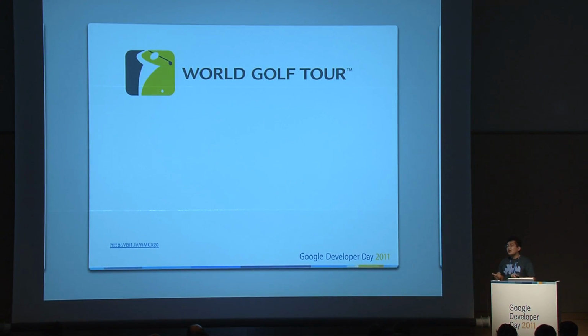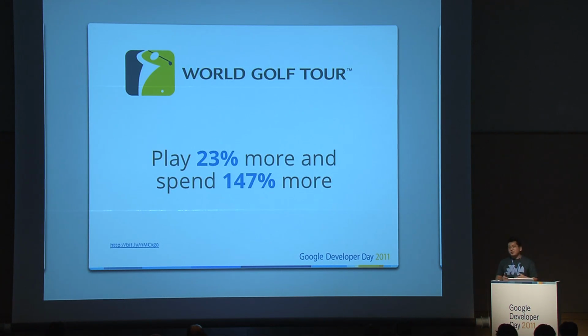We found that Chrome users are typically early adopters, and we've done a case study with a few of our partners. With World Golf Tour, what they've noticed is that Chrome Web Store users, because they are early adopters, are more engaged within the web application. World Golf Tour has found that they play 23% more, and more importantly, they spend 147% more.